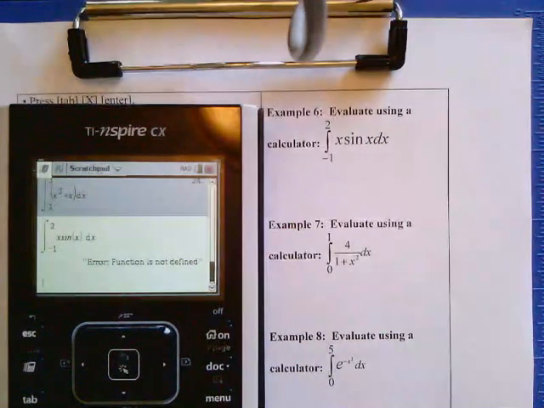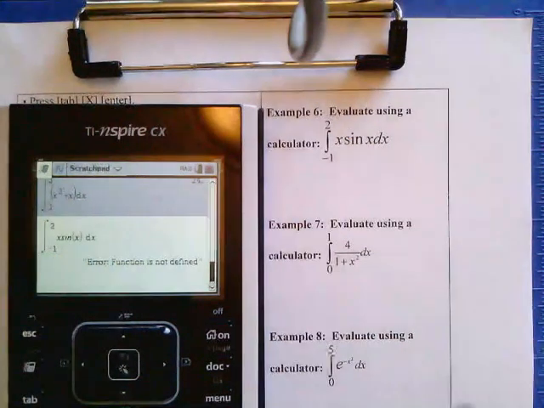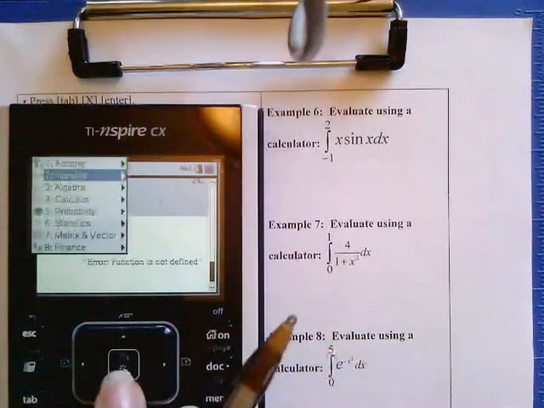Oh, okay, I'm glad we went through this error. The calculator does not understand when you plug in x sine x without the multiplication sign.